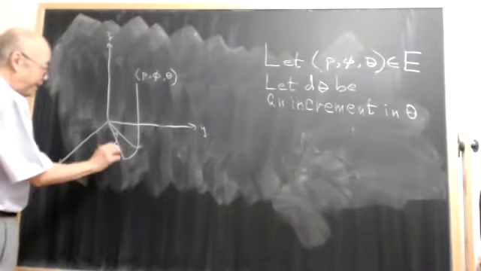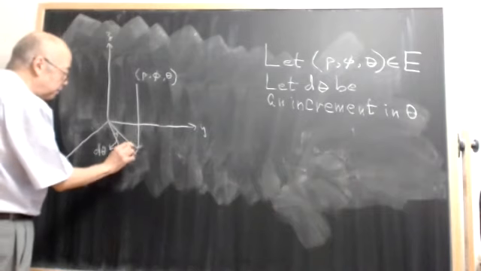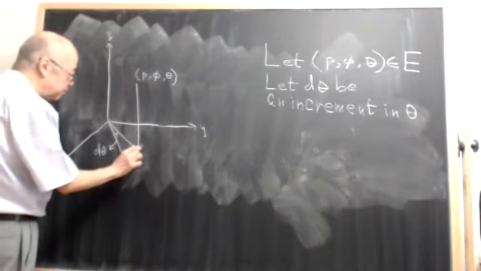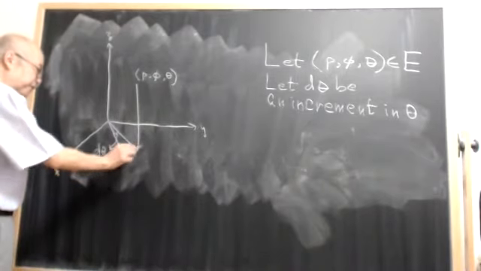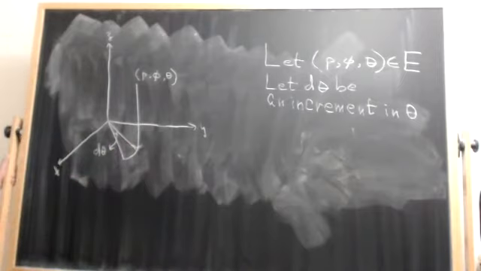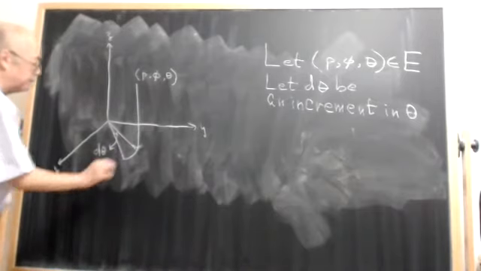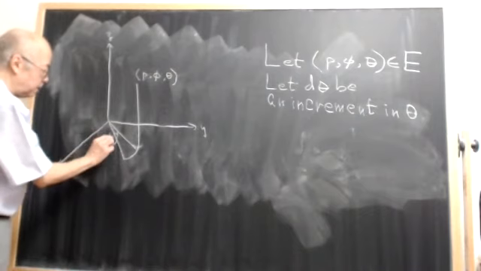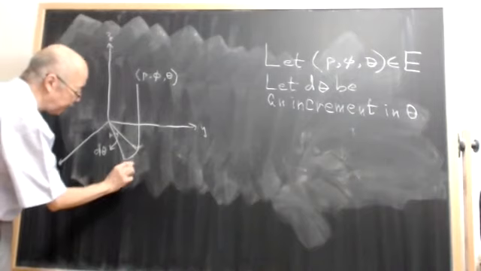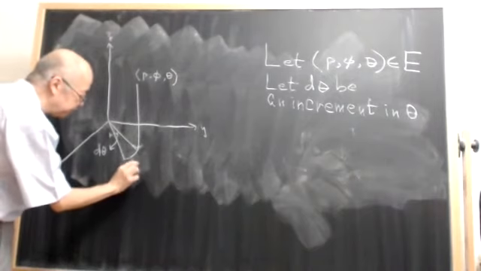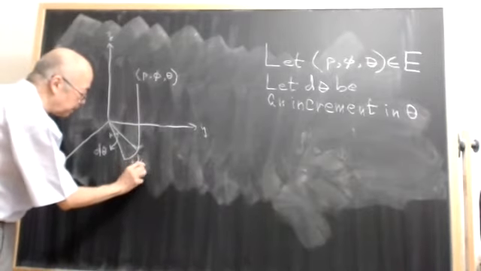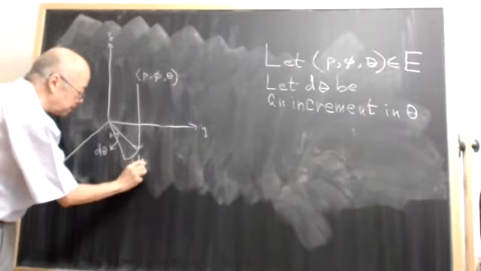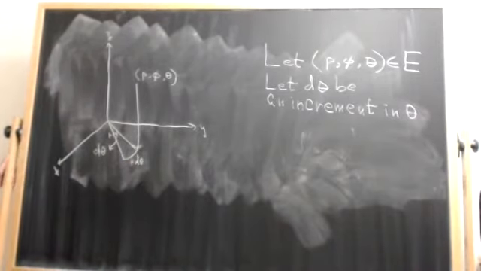Now, the radius here is r. So what is the length of this arc here? The radius is r. So this is going to be r d theta. This is r d theta.